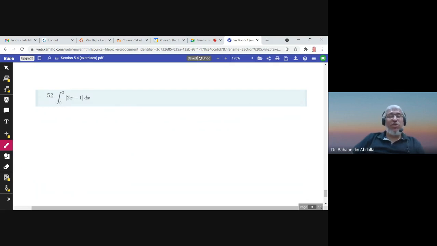The last question is about absolute value. We know that absolute value of 2x minus 1 equals either 2x minus 1 if 2x minus 1 is greater than or equal to 0, this means 2x is greater than or equal to 1.